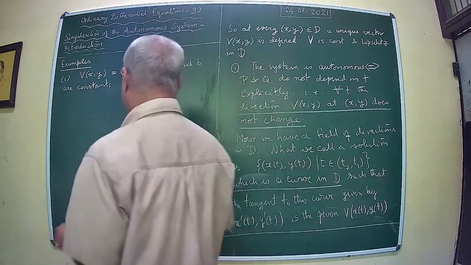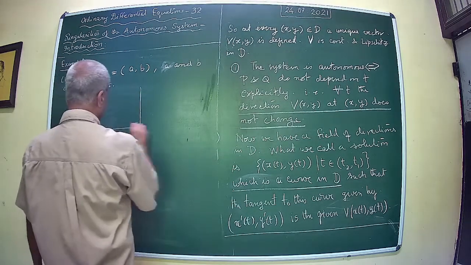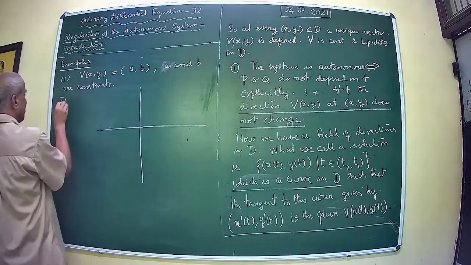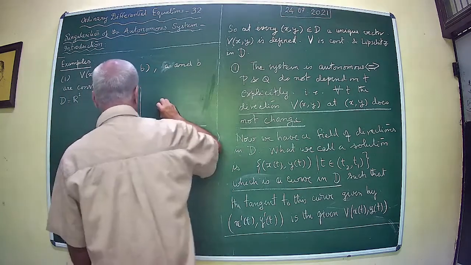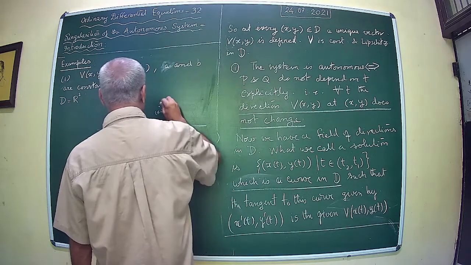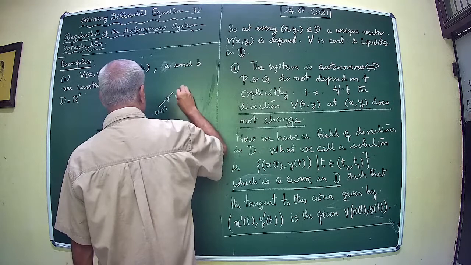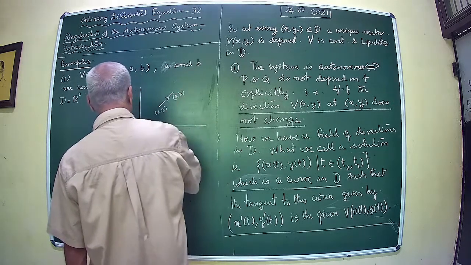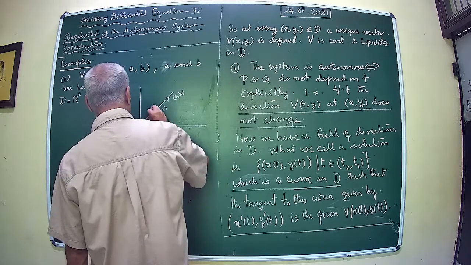So what do you have? Let us picture the whole thing. Now assume D is equal to R². Then you see that, suppose this is the point (x,y), there is a constant direction. It's all governed by this vector (a,b).